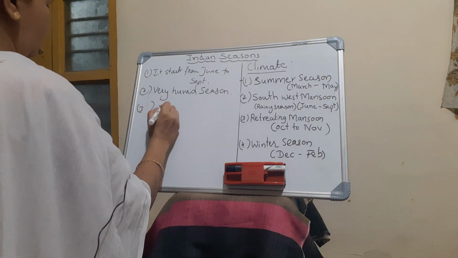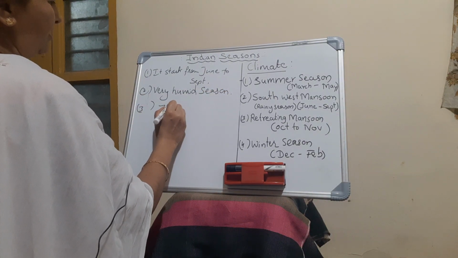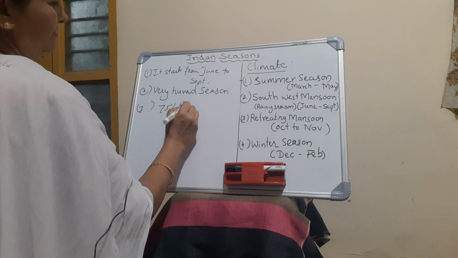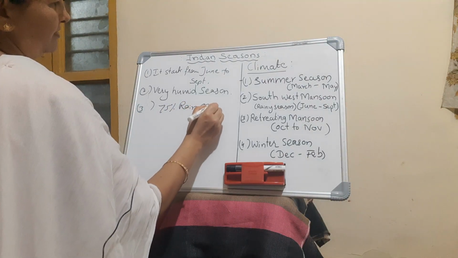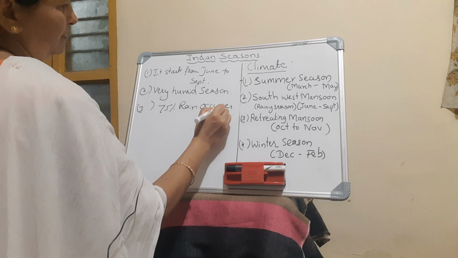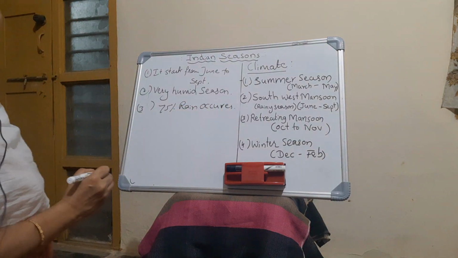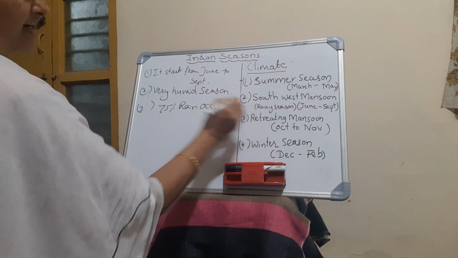Third, 75% of the rain occurs in the rainy season.